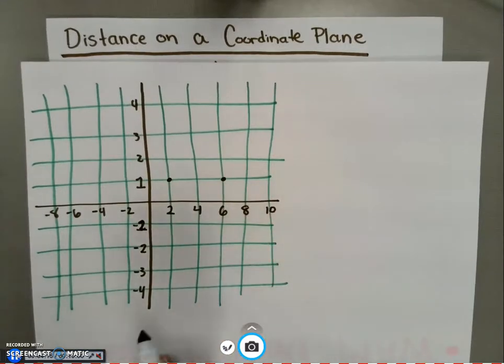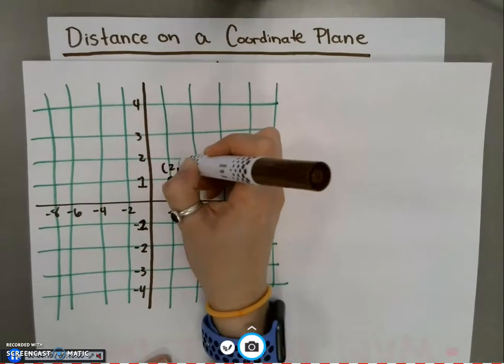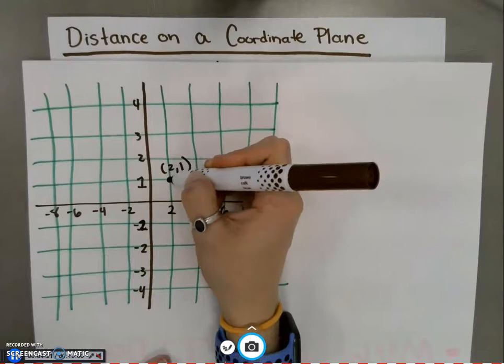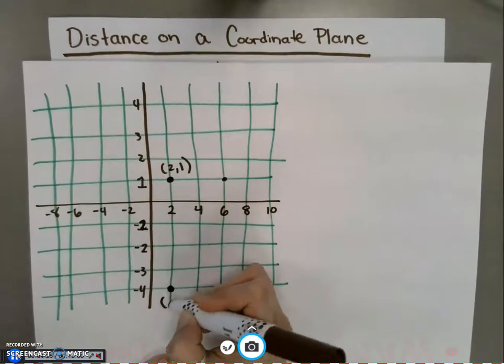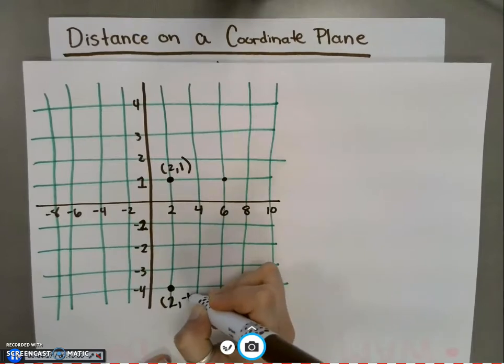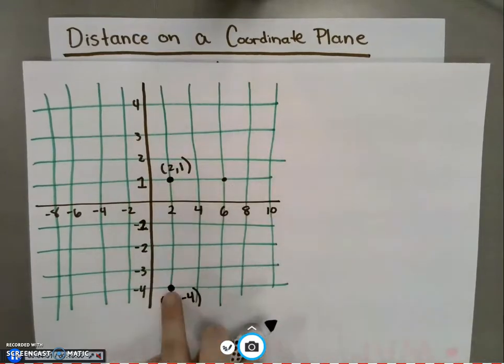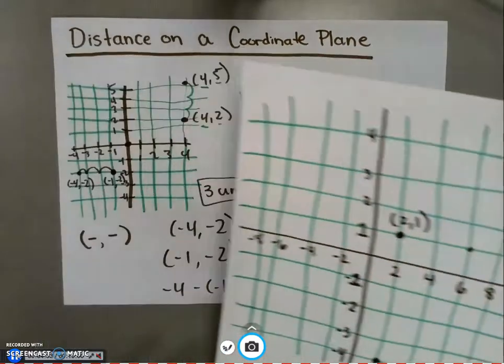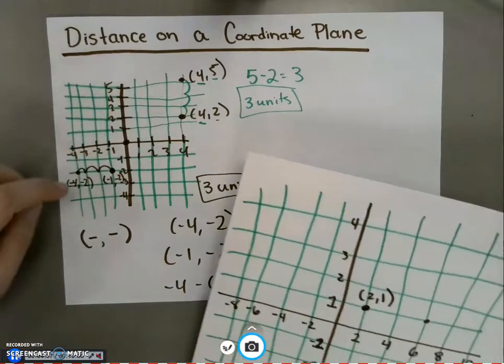Alright, I'm going to use this point right here, which is 2, 1. And then I'm going to say, what's the difference? How far away is this point to -4? The difference between this problem right here and one that we did before was that the one that I did before never crossed an axis.